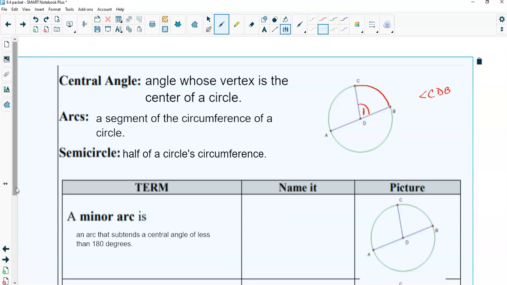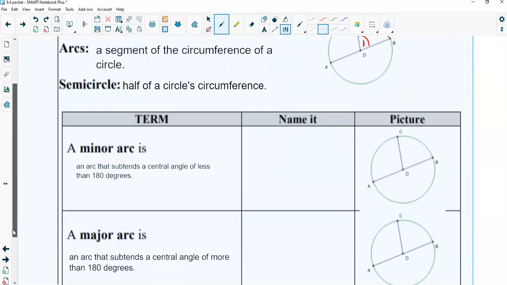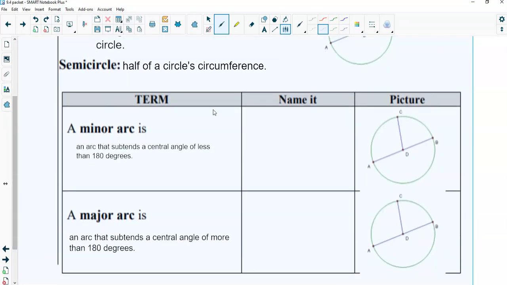Now, when we're talking about a minor arc, it's an arc that subtends a central angle of less than 180 degrees. So let's talk about angle 1 right here, this central angle. Well, the arc that contains it is arc CB, which is this one right here.